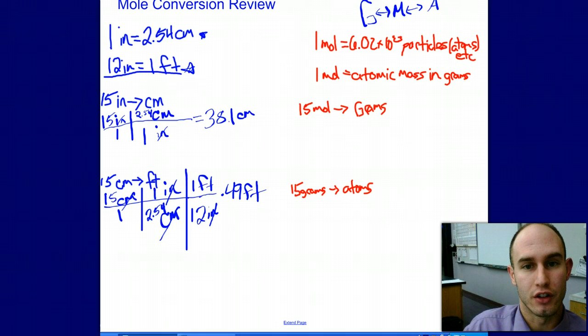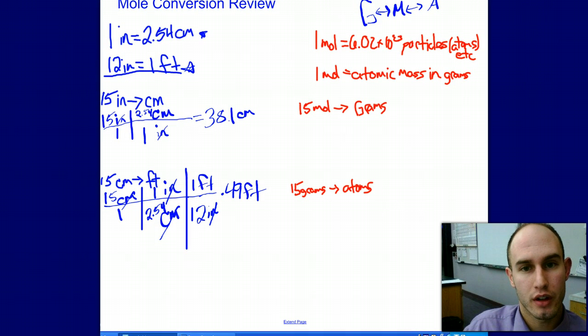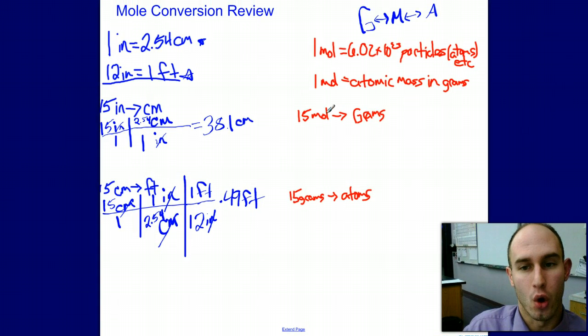Now let's apply this to gram to mole conversions. Now, what we are doing here is no different than our metric review that we just finished. The only thing that's different here is now we have different conversions. We're using 1 mole is equivalent to 6.02 times 10 to the 23rd particles, and 1 mole equals the atomic mass of that element in grams. That's molar mass. So we have 15 moles, and I'm going to convert 15 moles to grams.